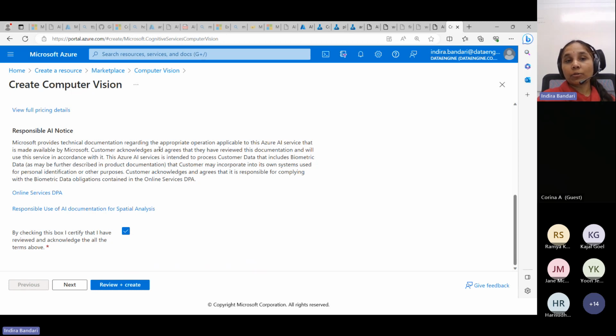Microsoft provides technical documentation regarding the appropriate operation applicable to this Azure AI service that is made available by Microsoft. Microsoft customer acknowledges and agrees that they have reviewed this documentation and will use this service in accordance with it. So I hope no one will use it for unwanted purposes.